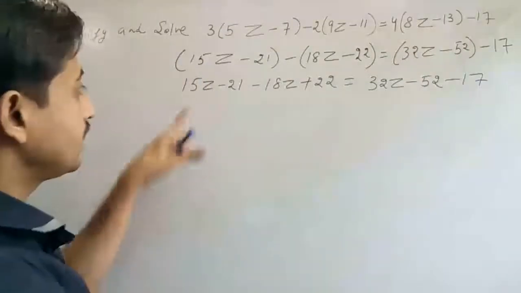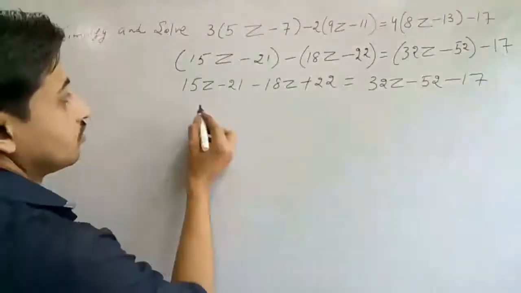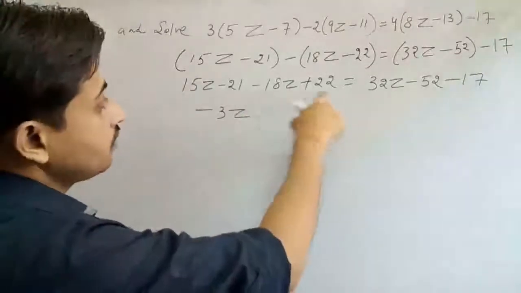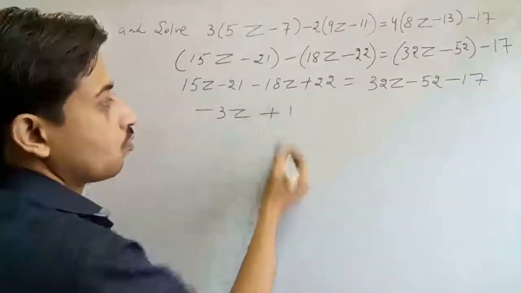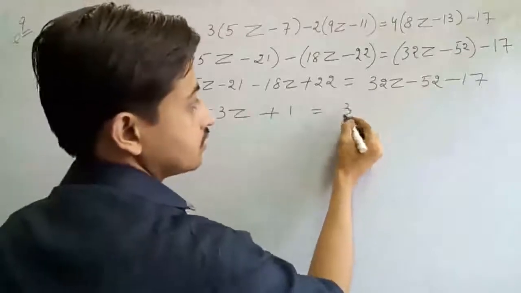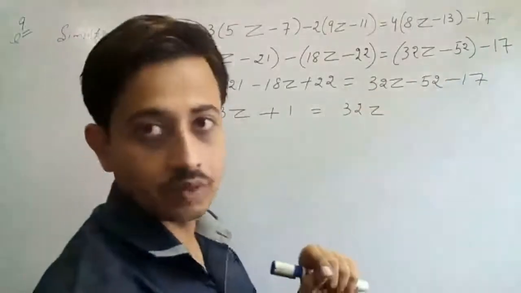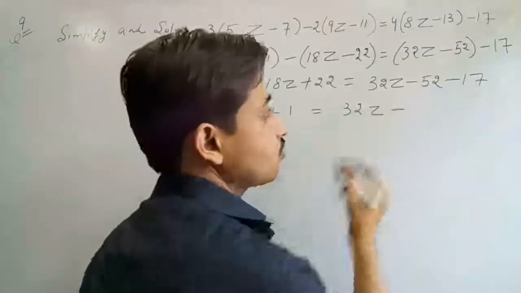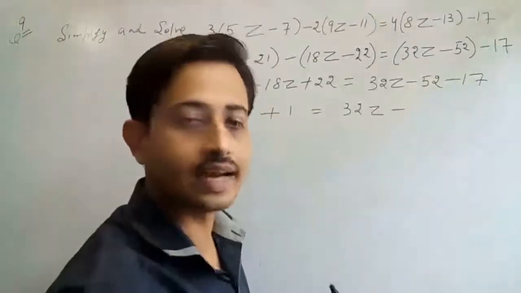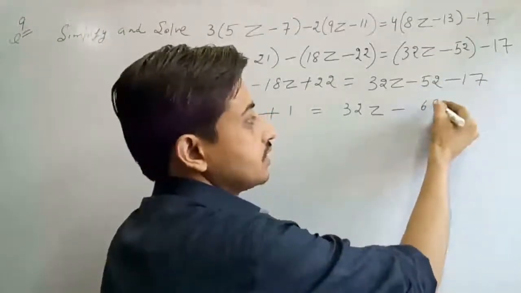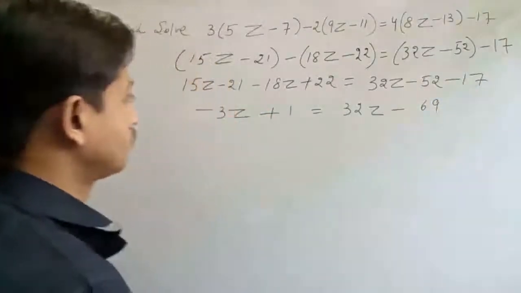Now 15z minus 18z, we get minus 3z. Minus 21 plus 22, we get 1. This is 32z. 52 and 17, because both are negative, we get the sign negative, but they get added. 52 plus 17, we get 69. Now solve.